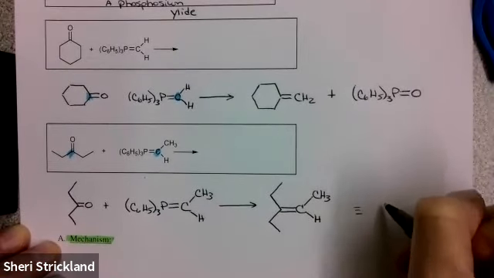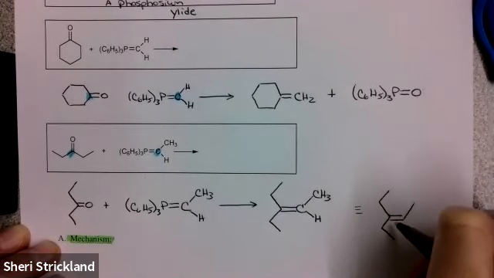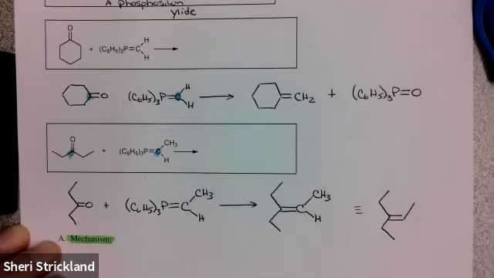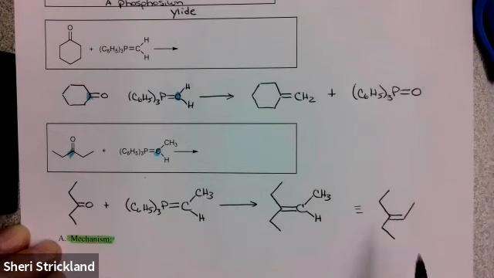This is the same as drawing that. And you can name it and put the stereochemistry in it. It's very fancy. So it's very nice to be able to make just one alkene product.